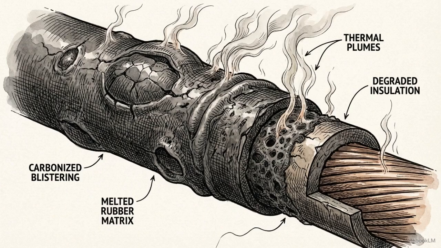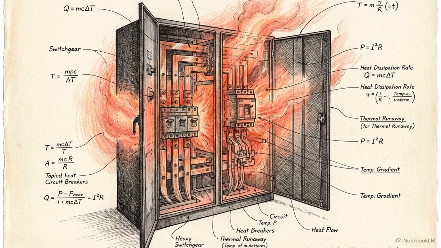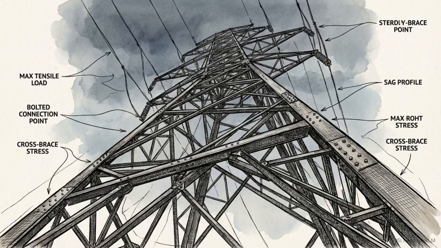Simultaneously, the grid experiences massive, rapid thermal heating. The energy dissipated is proportional to the current squared, which can rapidly degrade the insulation in high-voltage cables and switchgear. The subtransient phase is a brutal test of the physical, structural, and thermal limits of the grid's heaviest hardware.